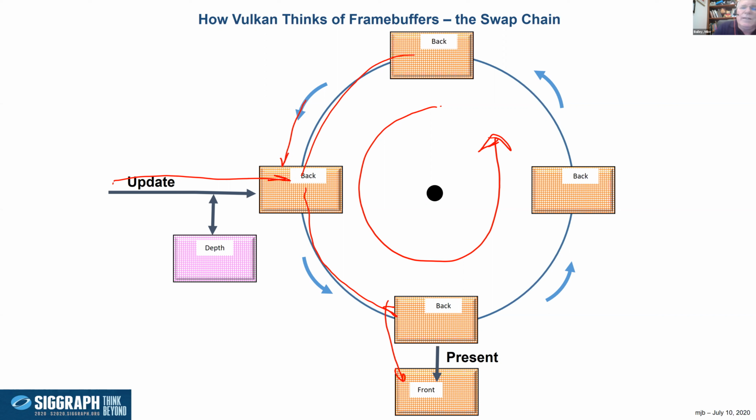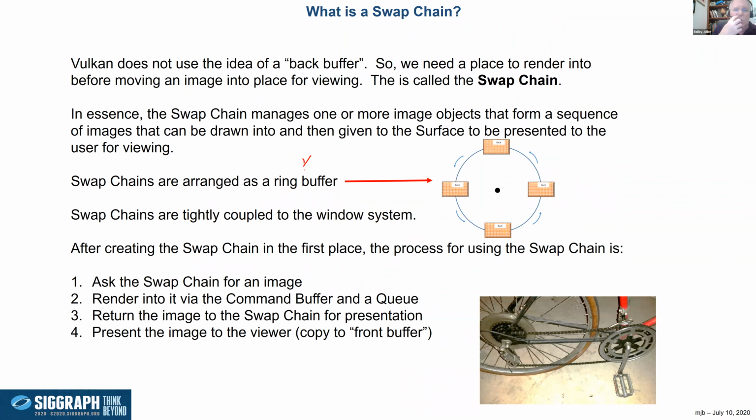There should be at least two in here. I've tried it with 3. I don't see any difference, but I do see people using 3. Anyway, so this is the idea, and this thing is called the swap chain.